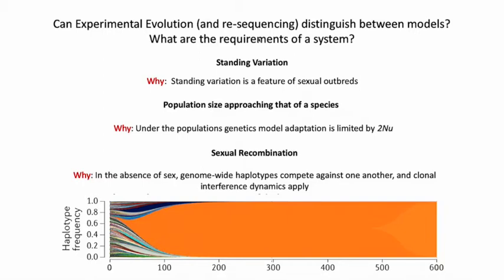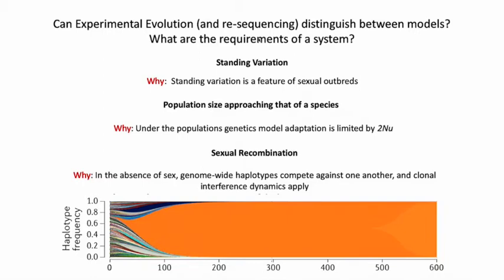And then we also need sexual recombination, or evolution is going to be dominated by what happens in non-sexual microbes, where a mutation at one position in the genome is totally determining what happens to the entire genome, and you get these clonal interference dynamics. That's extremely well established in asexual microbes now; it would be heresy to say it's not occurring.